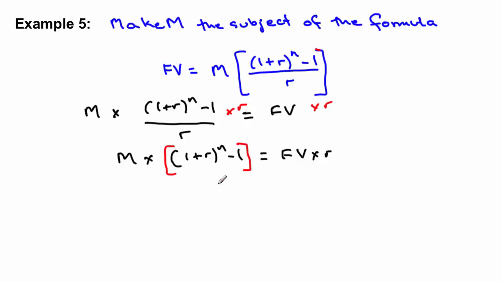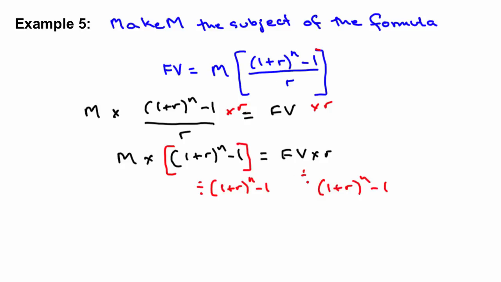So if I divide this on both sides, I can do the whole next step in one hit. So we've got 1 plus r, and that's minus 1. So it's (1 plus r) to the power of n minus 1. We're going to divide both sides by this same term. As I said, it was in brackets, so it's seen as one thing.